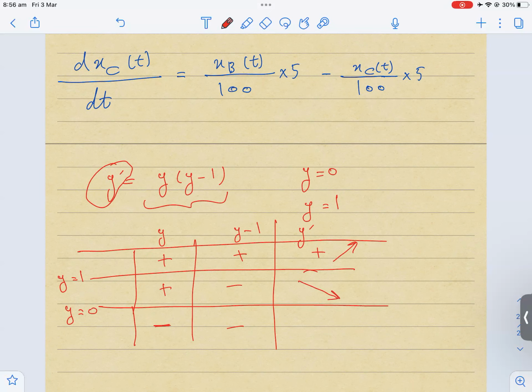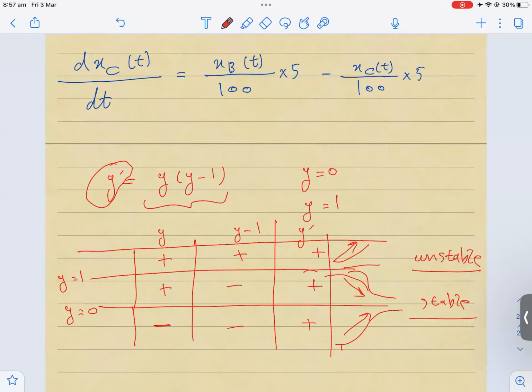Negative times negative is positive, so it's increasing. So the solutions are probably like this, probably like this. So this one is stable. This one is moving away, so this one is unstable.